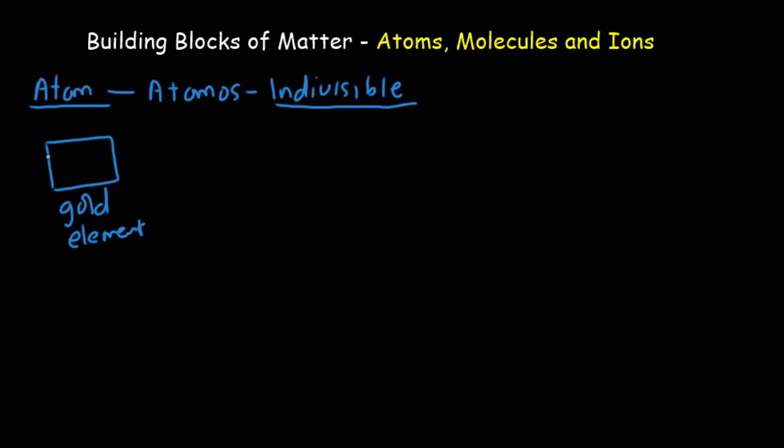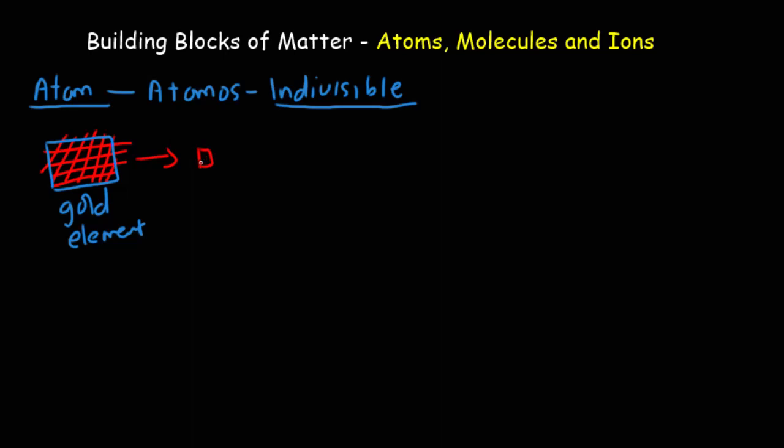Now what I'm going to do is try to break this gold element into different pieces. Now you agree with me that in the process of breaking this into pieces, at a point, I get a small piece that I cannot break down further. All right.